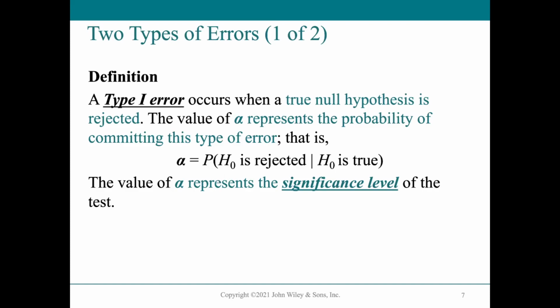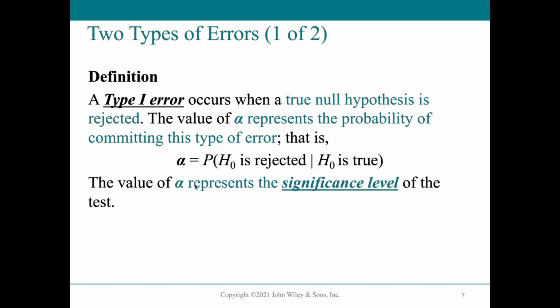For example, we are 95% confident that the mean is within a certain interval that we have, and that 95% is defined as 1 minus alpha. Therefore, alpha is 5%. And that 5% represents the possibility that we might be wrong in our basically statistical analysis.